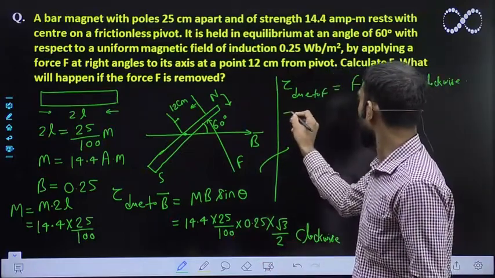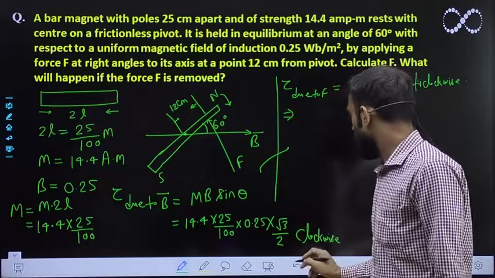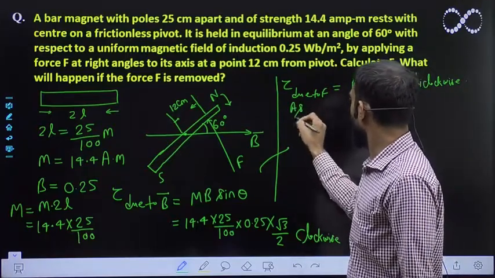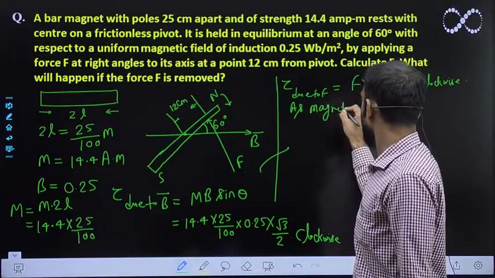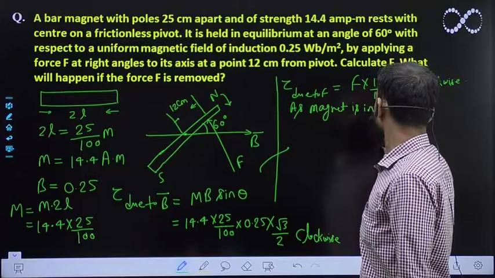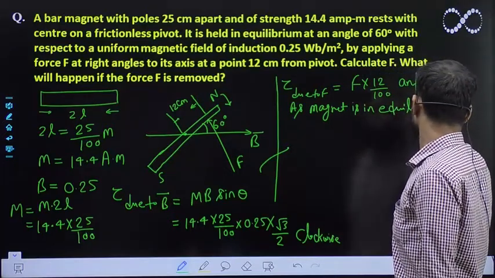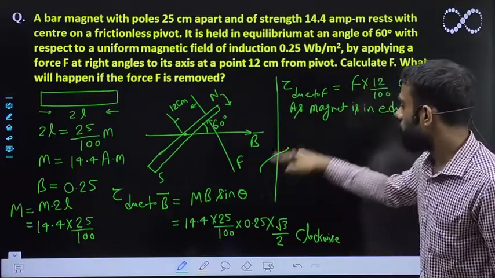As the magnet is in equilibrium, the magnitude of both these torques must be equal.